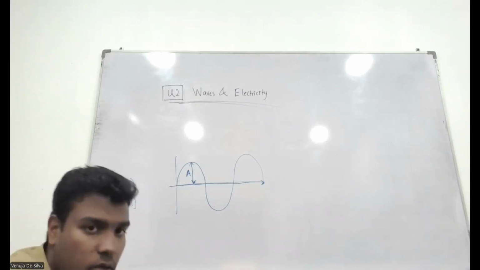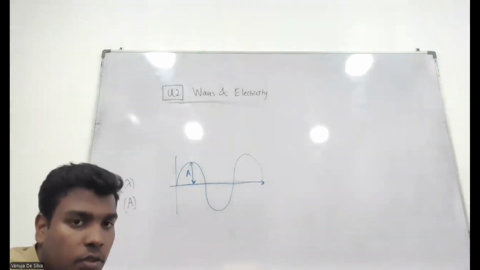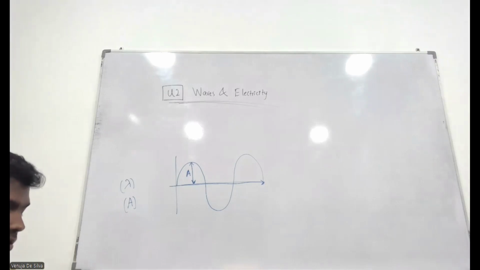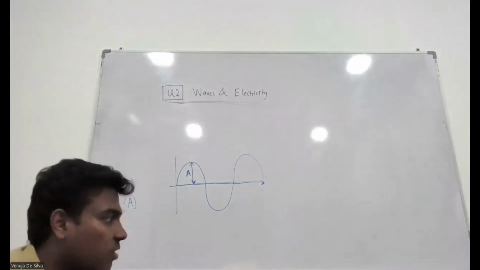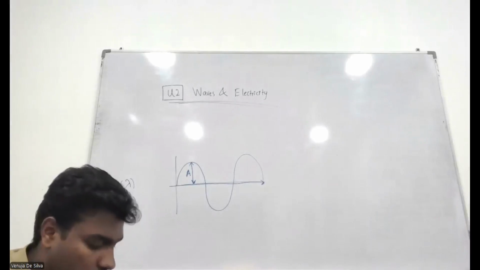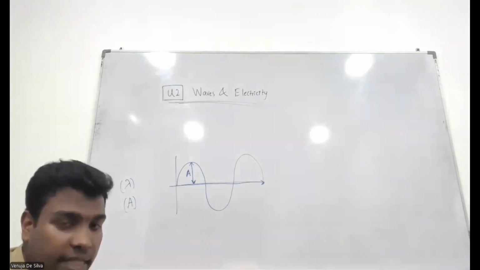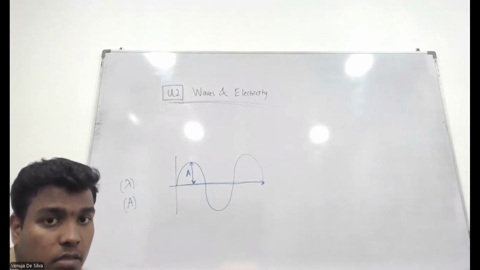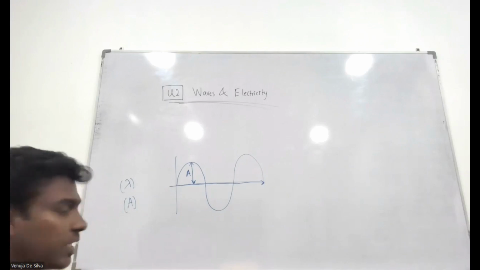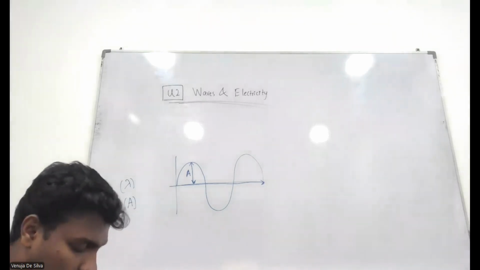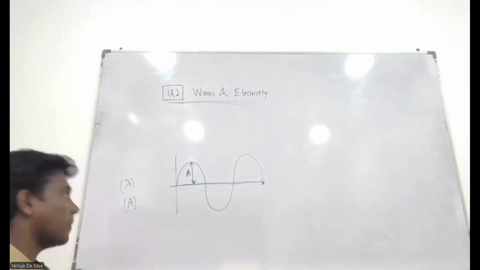So under amplitude, you write down the magnitude of the maximum displacement reached by an oscillation in the wave. Right? Okay.